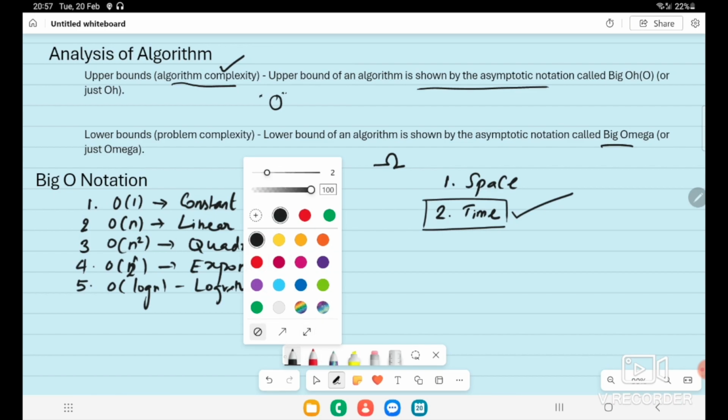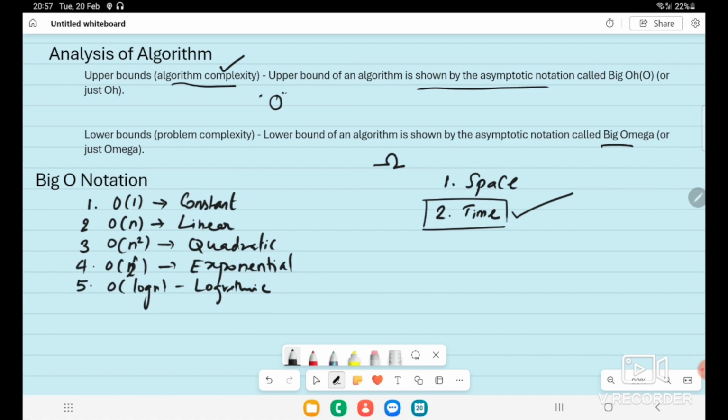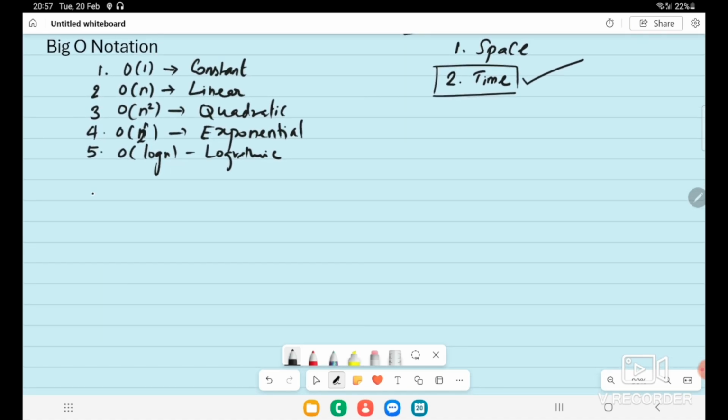Let me adjust the size. So now let me explain one by one. The first type, order of 1, constant.